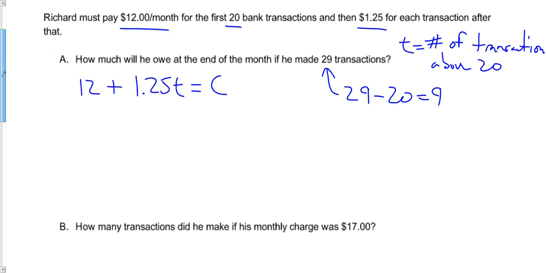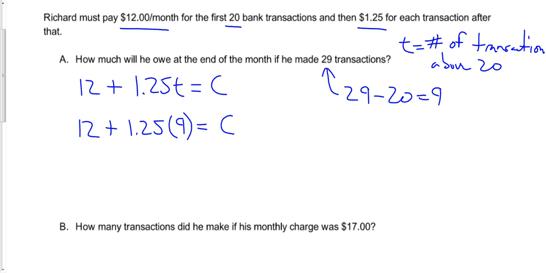If we scroll down, we can fill that piece out. We've got $12 plus 1.25 times 9, because he's made 9 transactions in addition to his 20 that are covered in the original $12. We're trying to figure out what the C value is.